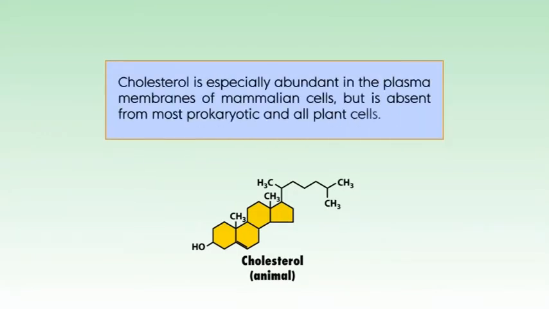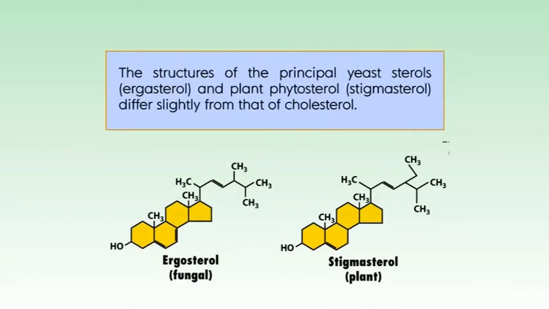Cholesterol is especially abundant in the plasma membranes of mammalian cells, but is absent from most prokaryotic and all plant cells. The structures of the principal yeast sterols, ergosterol, and plant phytosterols, like stigmasterol, differ slightly from that of cholesterol.